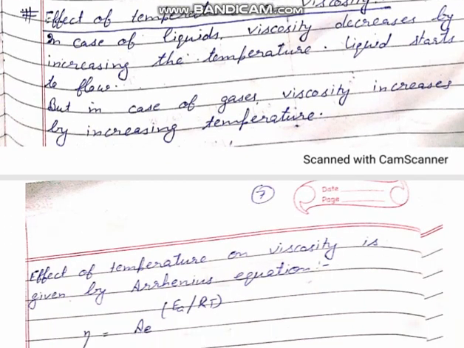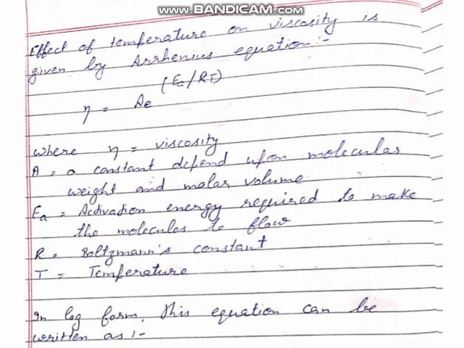Then what is the effect of temperature on the viscosity is given by Arrhenius equation. Arrhenius equation is eta is equal to A e raised to power Ea upon RT. Here eta has been used for viscosity.